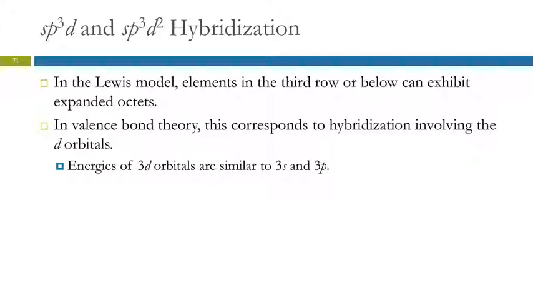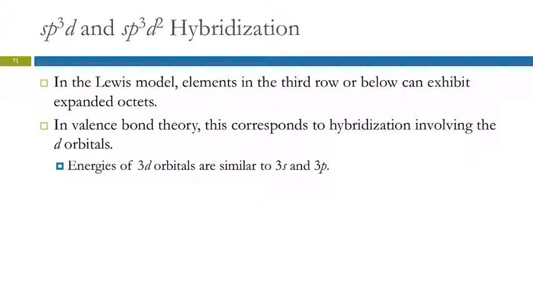So on the third floor, there's an S room and a P room, but there's also a D room. Most of the time it's empty, but if we need to, we could put some electrons in there. On the fourth floor, there's also a D room, and on the fifth and the sixth. But it doesn't happen on the first or second because there's no extra rooms. The energies of the 3d orbitals are similar to those of the 3s and the 3p. They're not the same, but they're close.